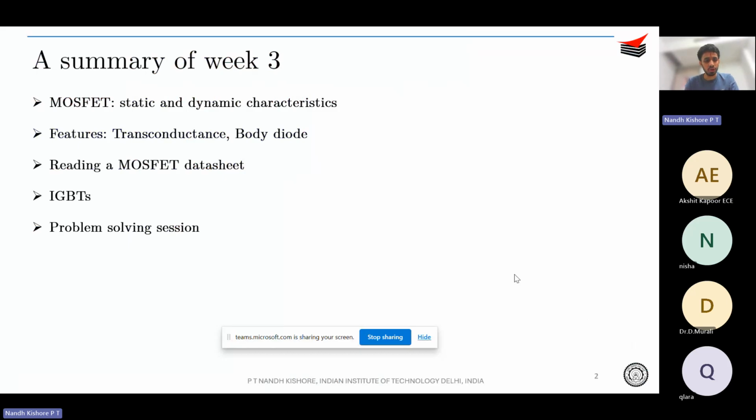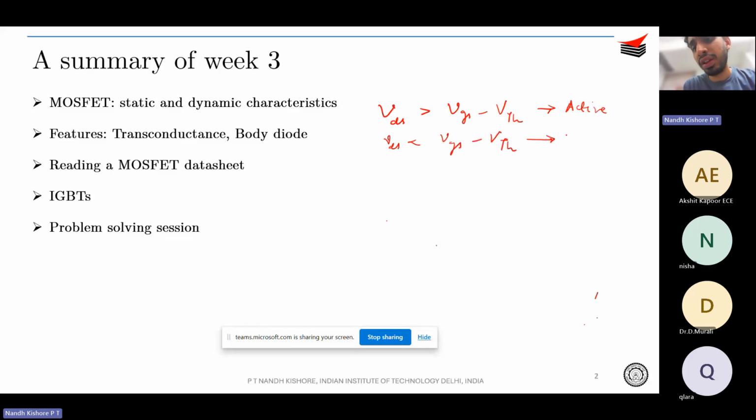So in the active region, you do know that if your VDS is more than VGS minus V threshold, you say that it's in the active region, right? And if VDS is less than VGS minus V threshold, only then you call it to be in the ohmic region.